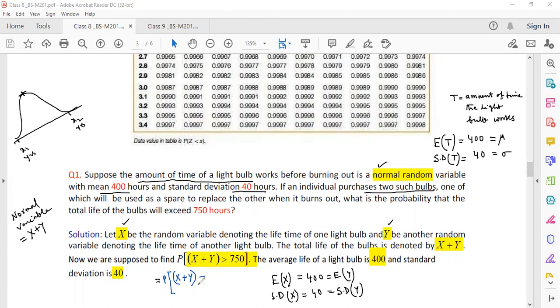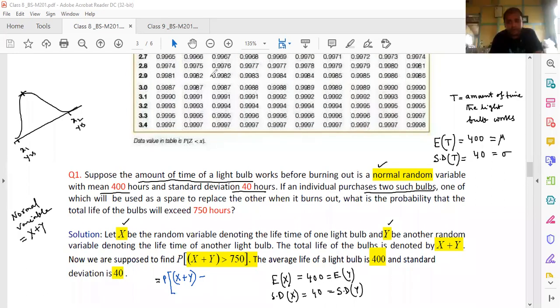As I told the students in the last class, the solution of problems becomes easier if you look at the problem from the perspective of the standard normal variable, because in that situation the axis comes to the middle.